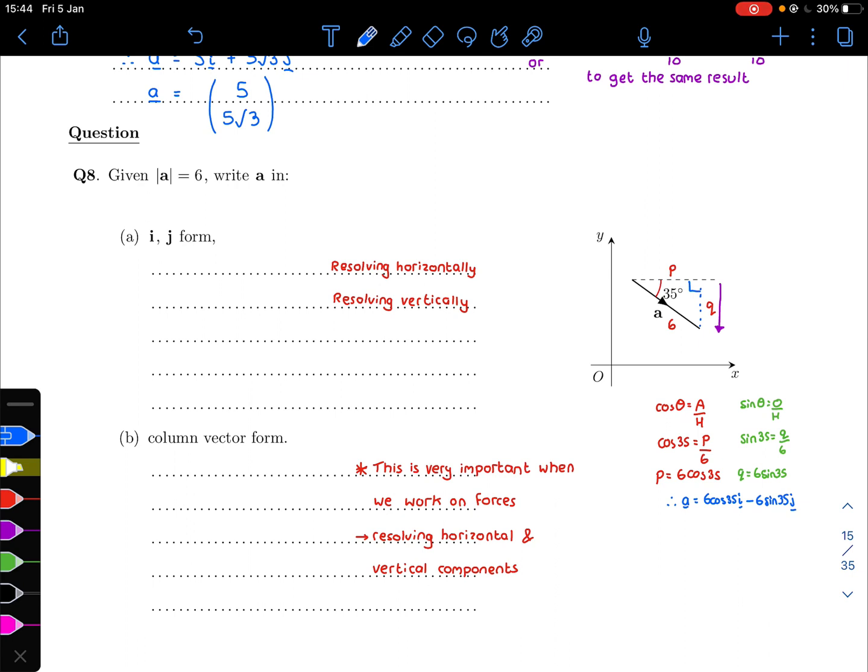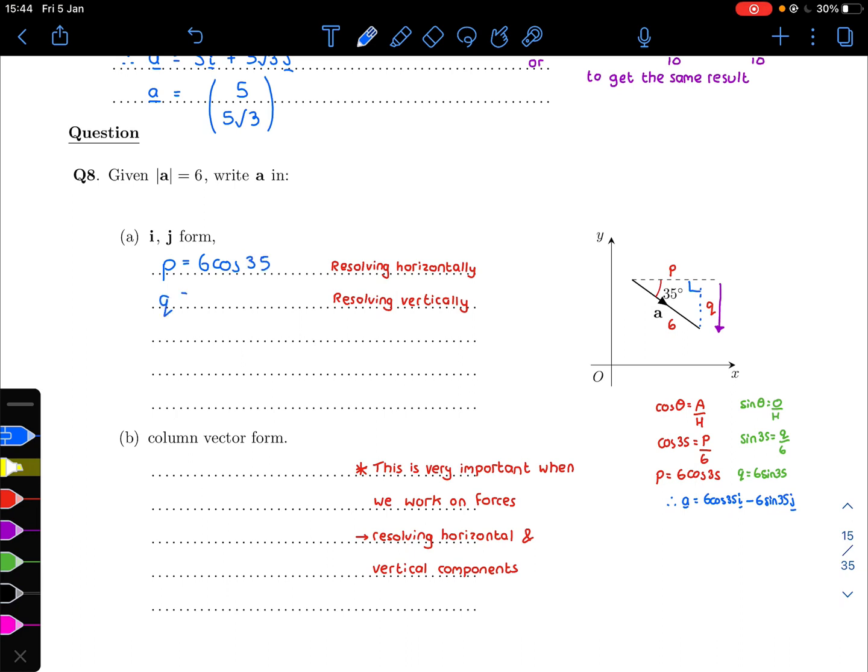Okay, a similar question here. You could pause the video first and do it for yourselves. I've left the answer at the bottom right. Resolving horizontally, since P is the adjacent, that would involve cos, so it's the hypotenuse, the magnitude of 6, times cos of the angle.